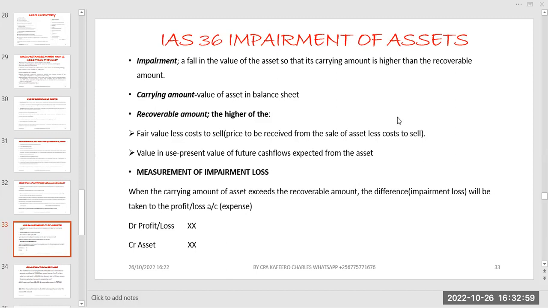Meaning we are bringing in the component of discounting, like what we did in the first video, because we looked at how to discount these cash flows and how we determine the present value. Hope you can remember those.